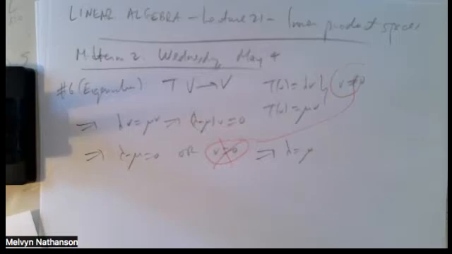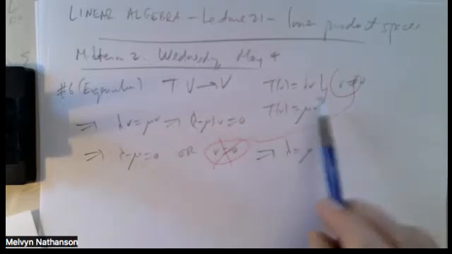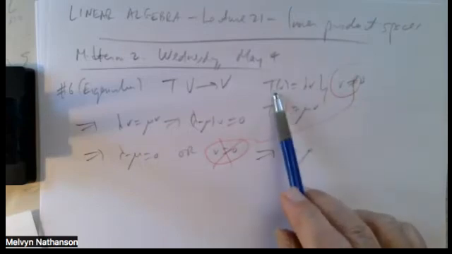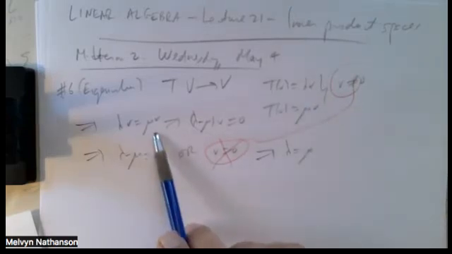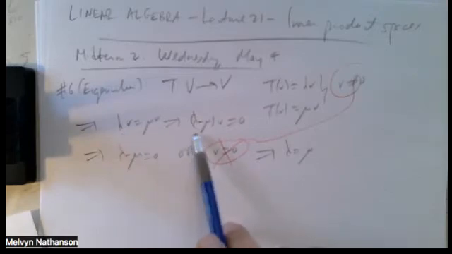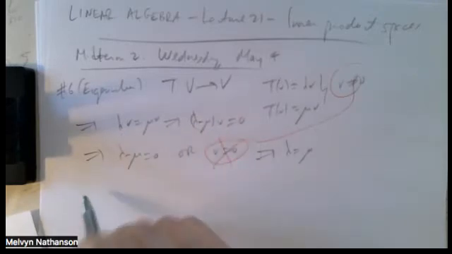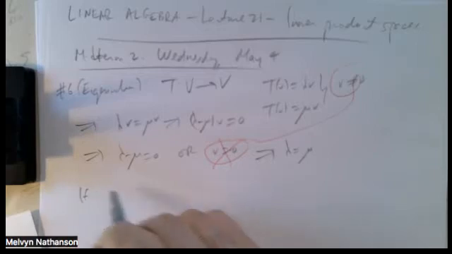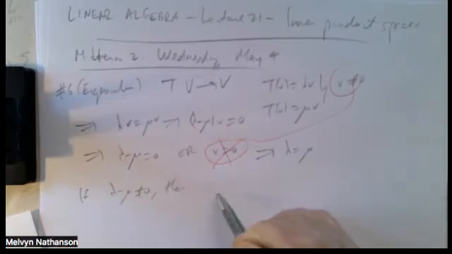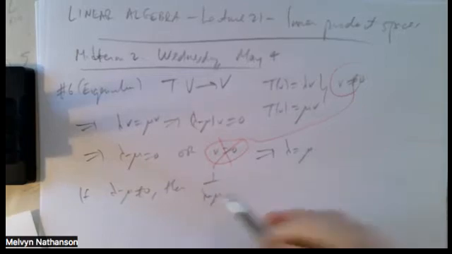So lambda equals mu. Right. Let's see. Why is it the case that lambda minus mu has to be 0? It's certainly true that lambda V equals T of V equals mu V. So if you bring this over to the other side, lambda minus mu times V is 0. Let me just make this note. If lambda minus mu is not 0, then 1 over lambda minus mu is a perfectly good number.